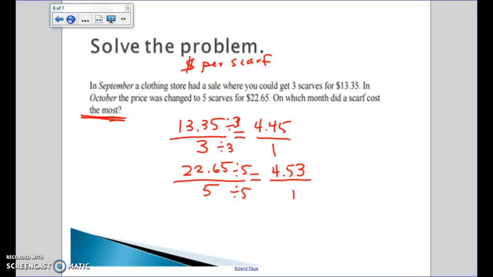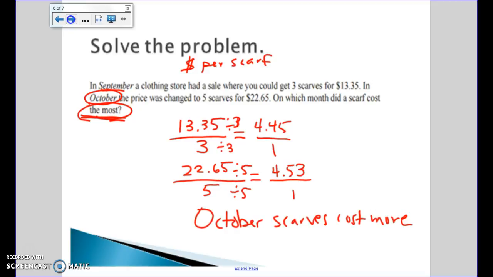And so I need to make sure that I'm careful, because I would prefer to buy the scarves in September because they're cheaper. But the question asks, which month did the scarf cost the most? And in that case, it would be October. October scarves cost more. All right.